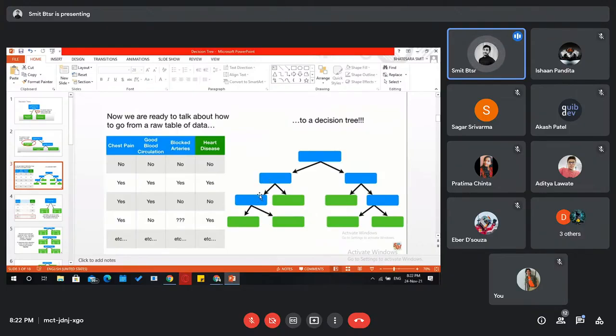Then what happens if the questions are not properly ordered? If blood circulation is more relevant, and you ask blocked arteries first, then it would change the path of questions.